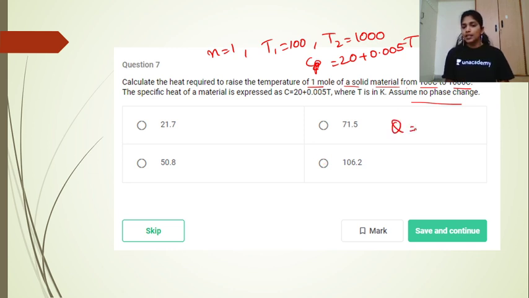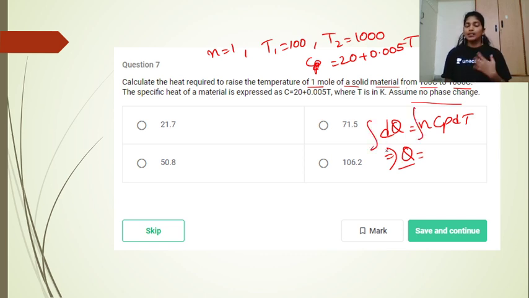So sensible heat can be given as dq is equal to n Cp dT. When you integrate this equation, you will get q, because this is a path function. So the integration of a very small value of a path function will give you a finite value.